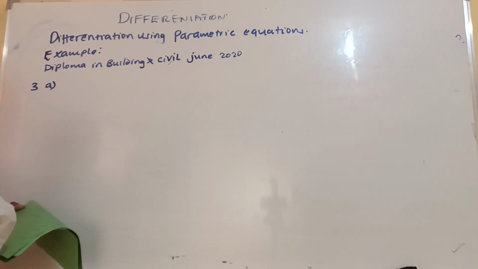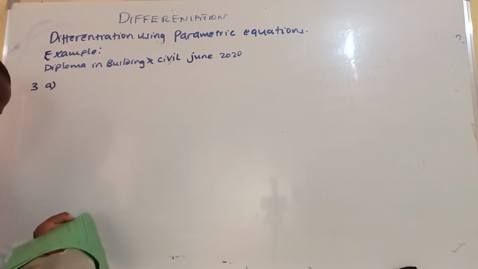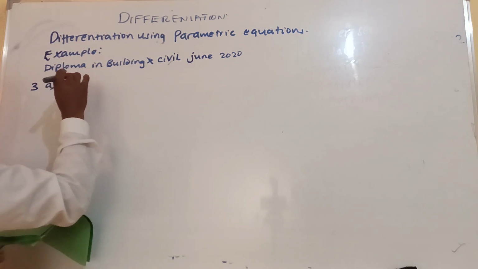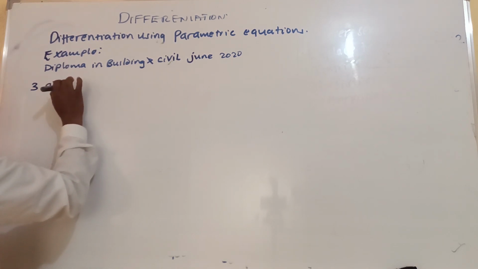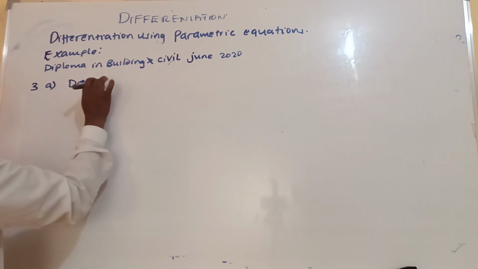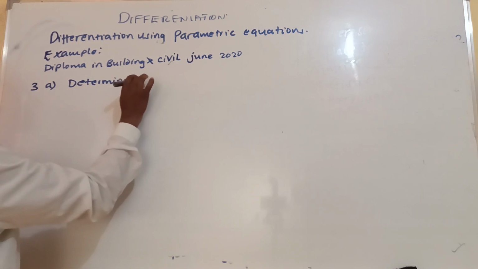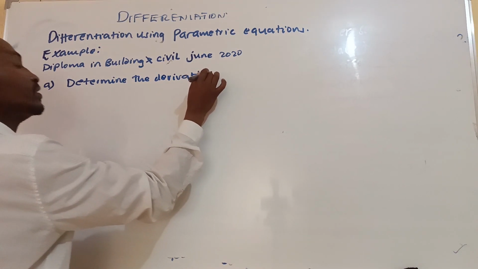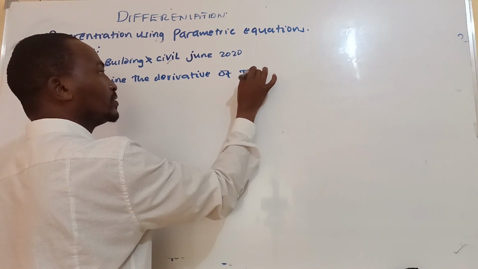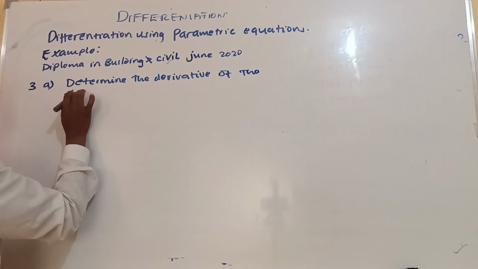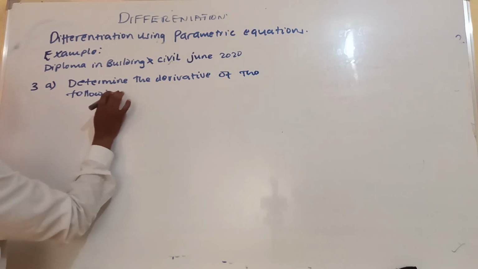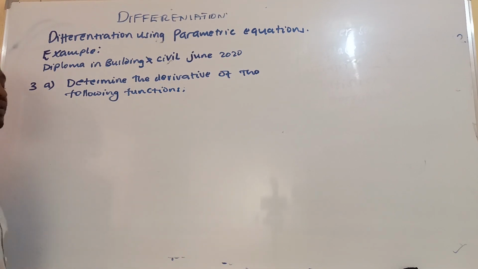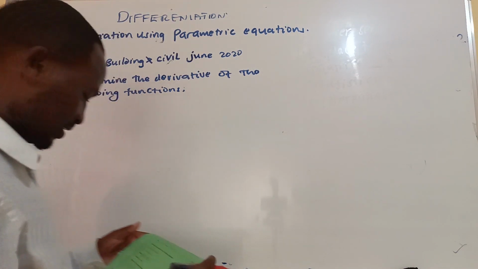We did Roman 1 using the implicit method. Now we are going to do Roman 2. We are told: determine the derivative of the following functions. We did part 1.